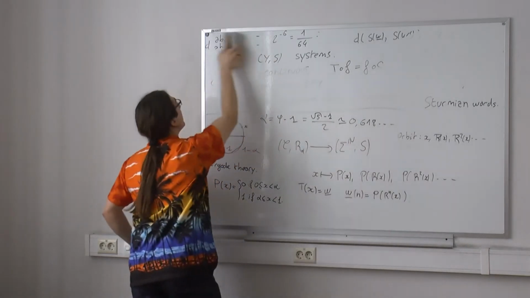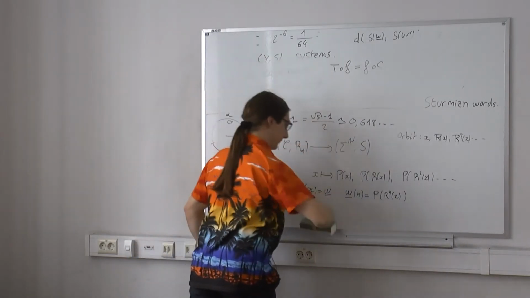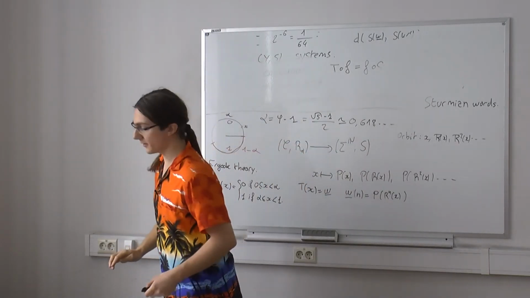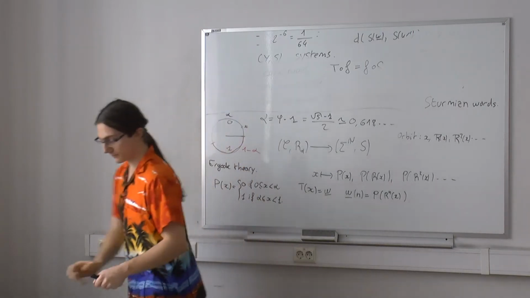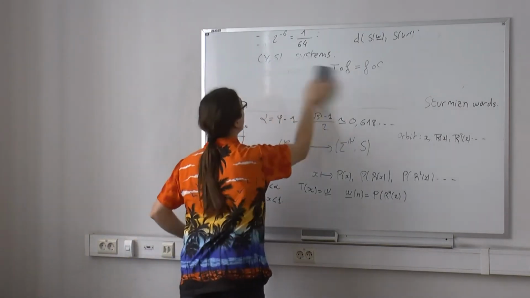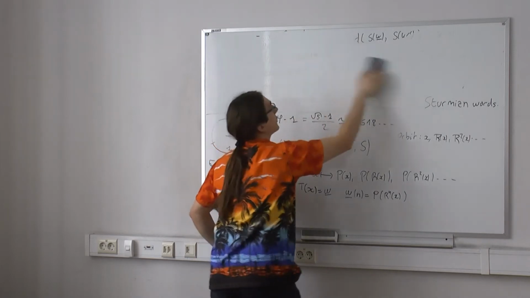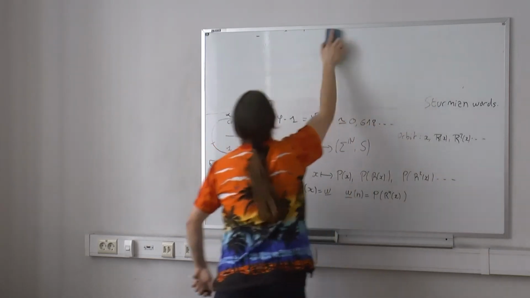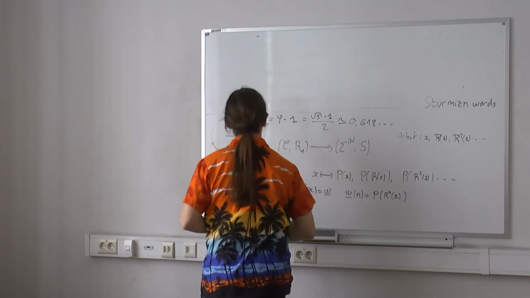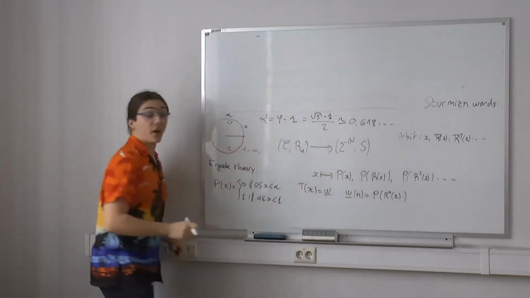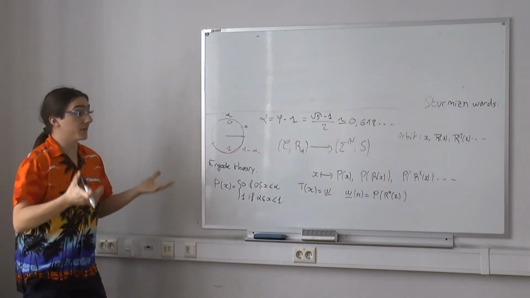I'm actually glad you got this intuition, because maybe this one will work better. Here I will call this set F for now, because I don't know what it is.